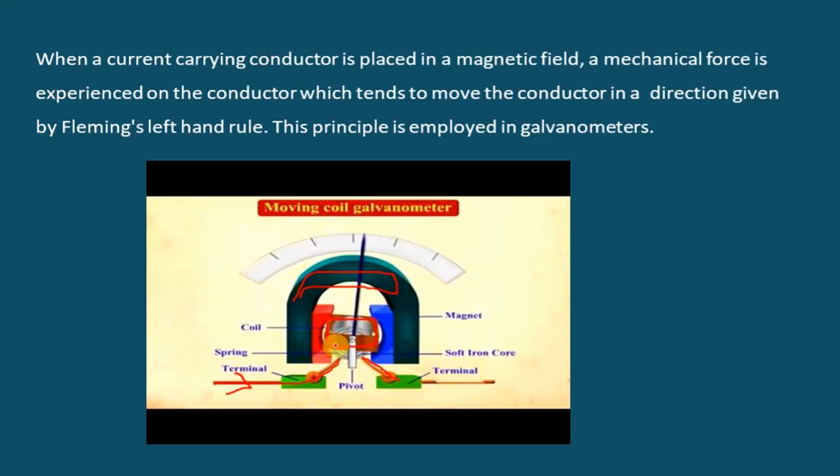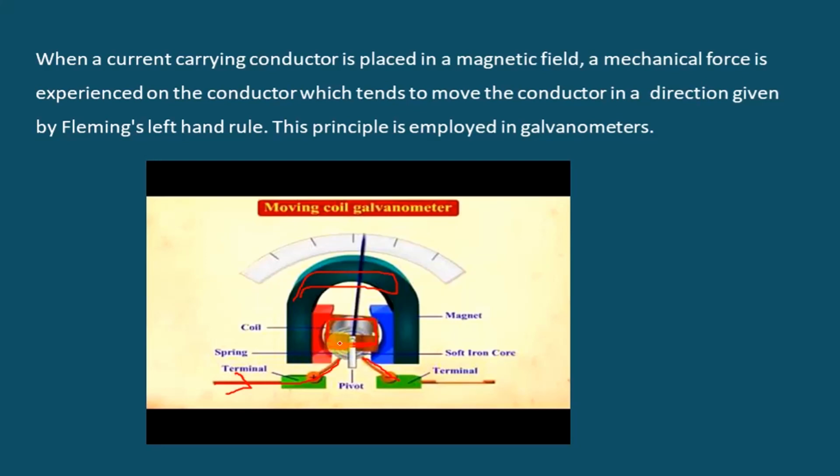So this is a conductor carrying a current, placed inside the magnet. According to Faraday's law and Fleming's left hand rule, this conductor will move.